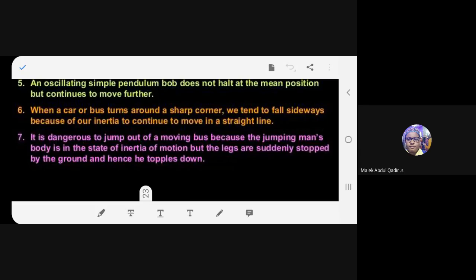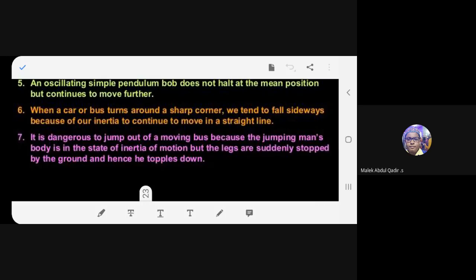Just imagine the car is moving in a straight line on a highway. Then it curves. Then the road turns. And when the car turns, we are pushed onto the door. Yes or no? Yes. Right?